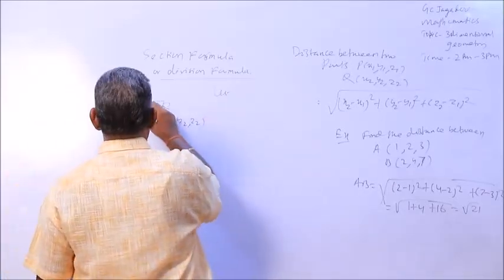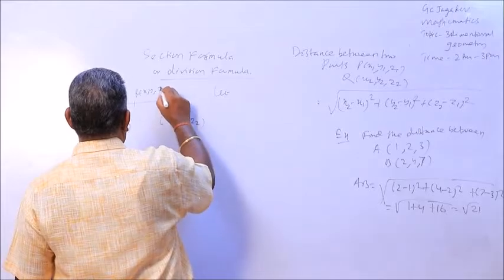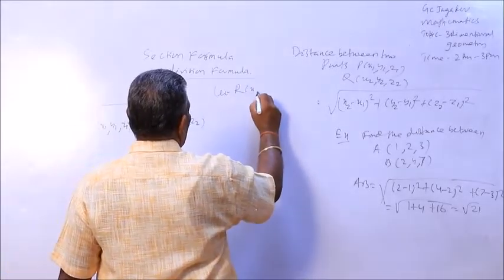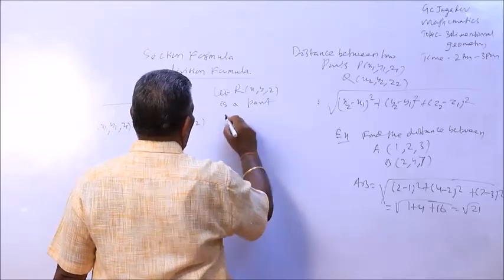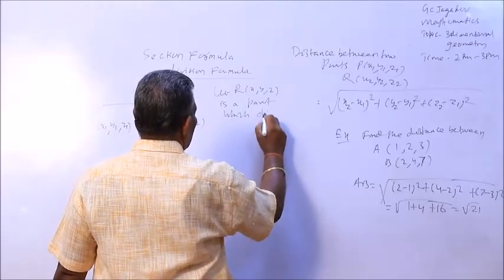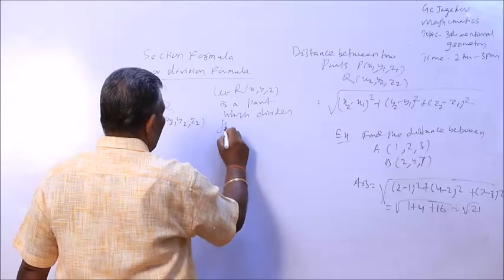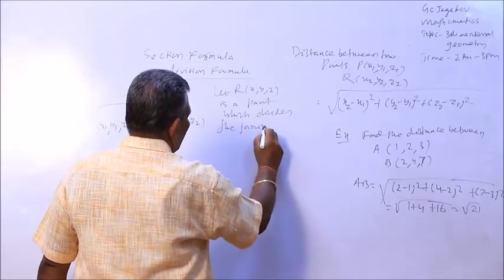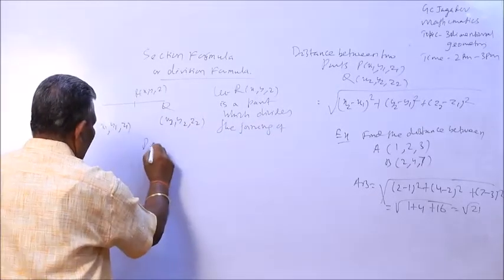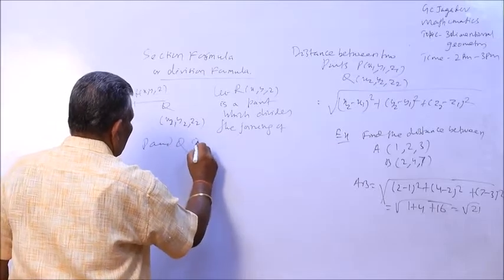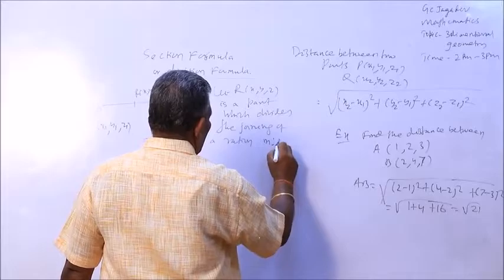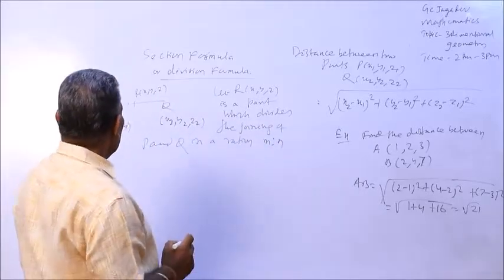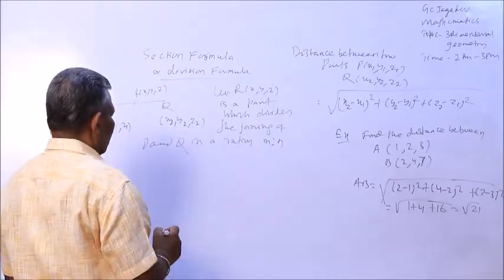Let R(x, y, z) be a point which divides the joining of P and Q in a ratio m is to n, that is PR by QR equal to m by n.